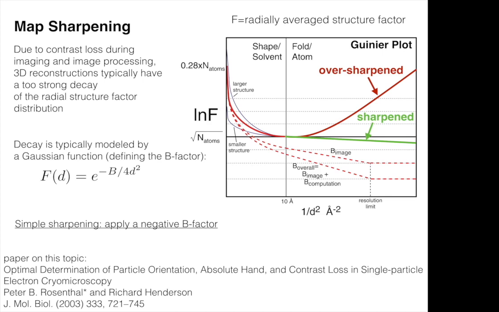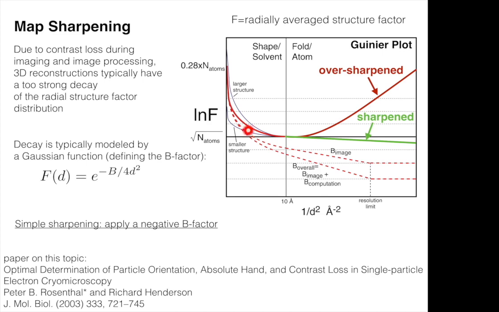If you use a too strong negative B factor, then you're over sharpening your density map, and your distribution will look like this. You're pulling up the high frequencies much too strongly, and the result would be that in your density map you will see a lot of high frequency noise, because this high frequency region contains, of course, mostly noise.